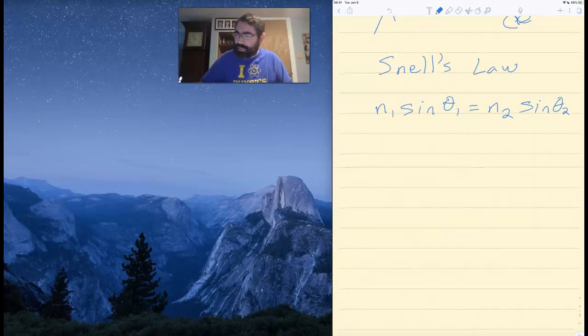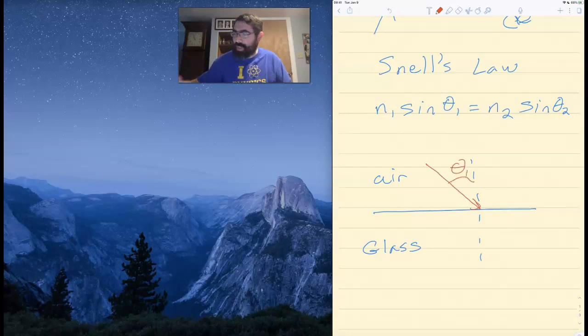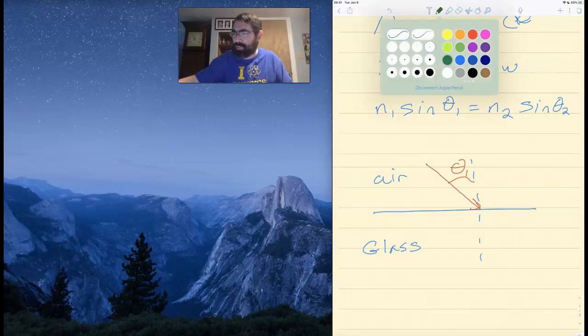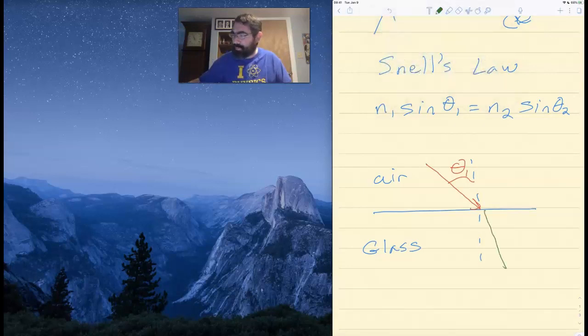Well, if I look at glass and I consider the air on the inside of my house, and I have a light ray coming in at some angle, theta 1, inside the air, and then it hits the surface of the glass, and then the angle of the light as it goes through the glass is measured with theta 2.